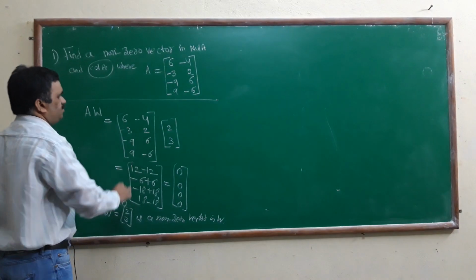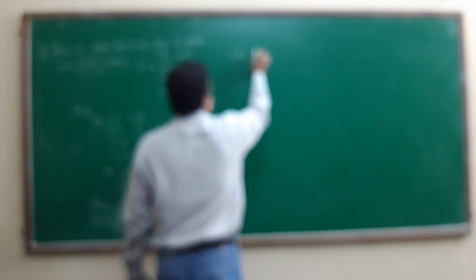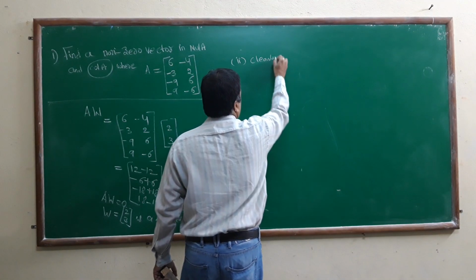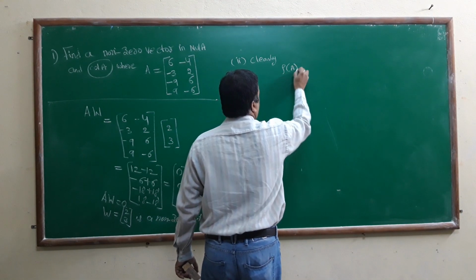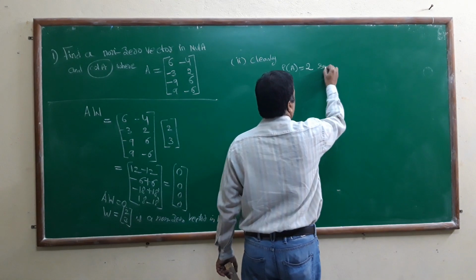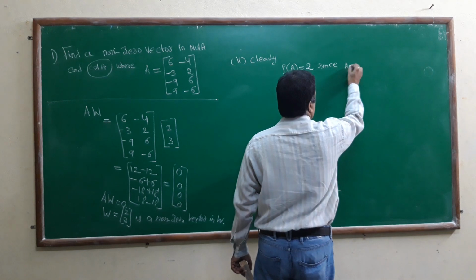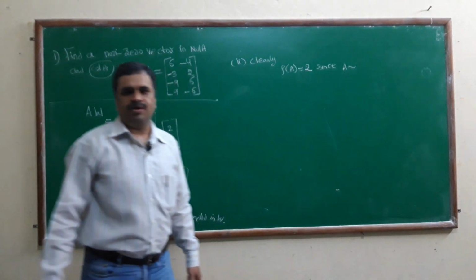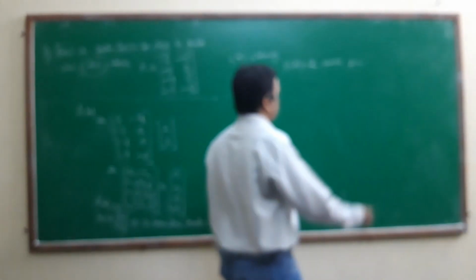Already we have the echelon form. Clearly, rank of A is equal to 2. Why? Since we already wrote A in echelon form, we got 3 minus 2 0 0 0 0, and all these zeros only.